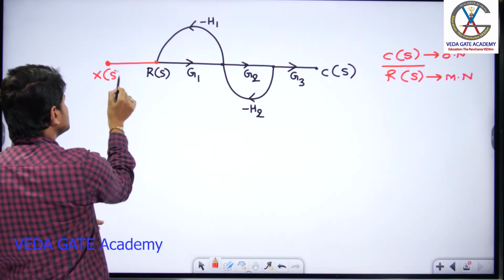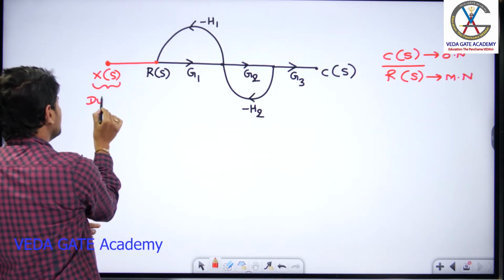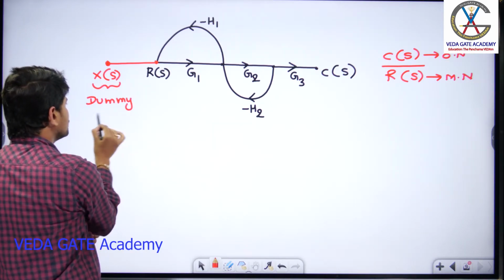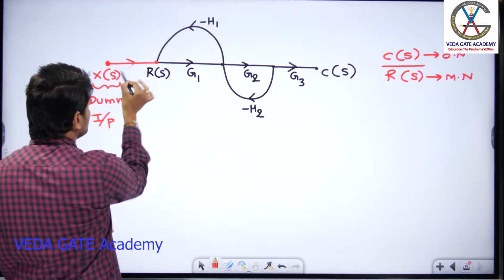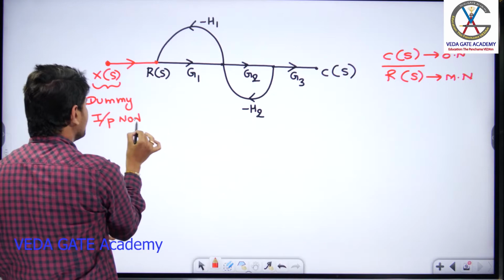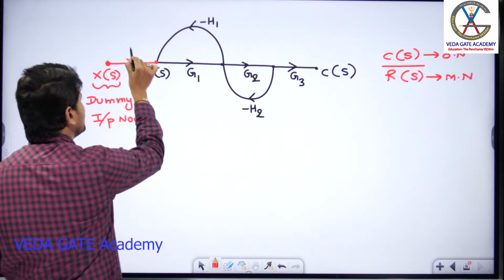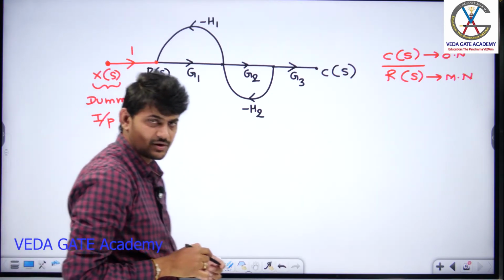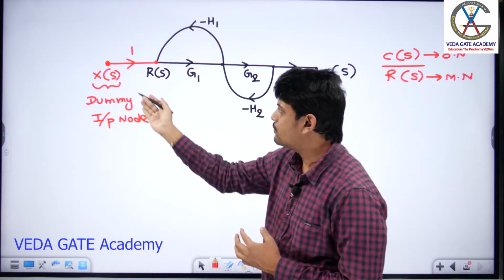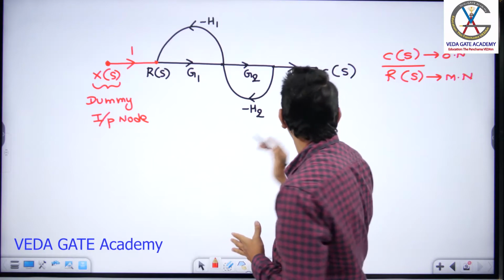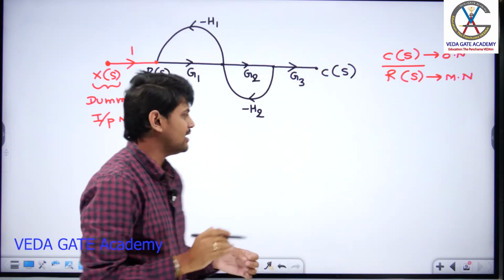Let us assume that is X of S. This is my dummy input node for solving the question. Technically we cannot create this dummy input node theoretically, and I am going to assign the gain of the branch as 1. Now in the question, my dummy input node is X of S. Now I need to determine C of S by R of S.